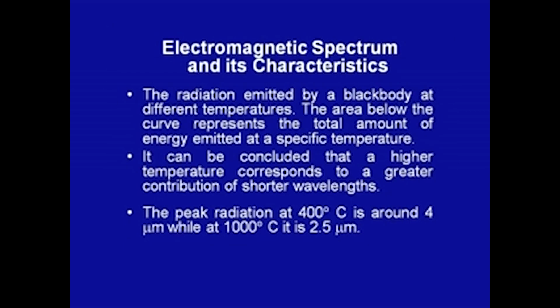It can be concluded that a higher temperature corresponds to a greater contribution of shorter wavelengths. The peak radiation is at about 400 degrees centigrade, which is around 4 micrometers, while at 1000 degrees centigrade it is 0.25 micrometers.